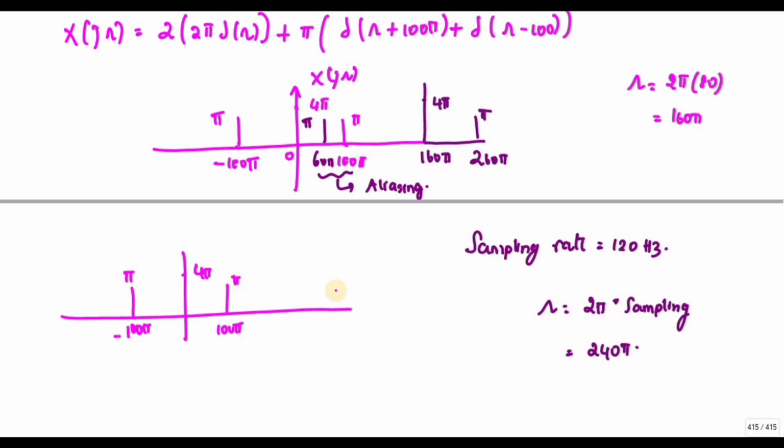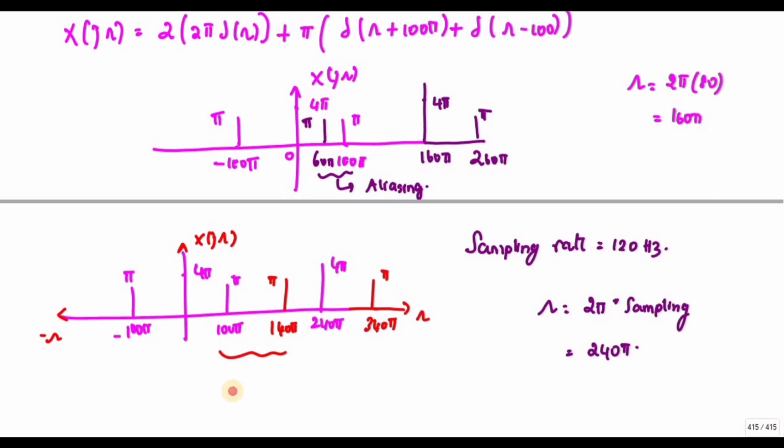So since it is 240, it is 4 pi, and this becomes 140 pi, and then this is 340 pi. So here you can see there is no aliasing, right?